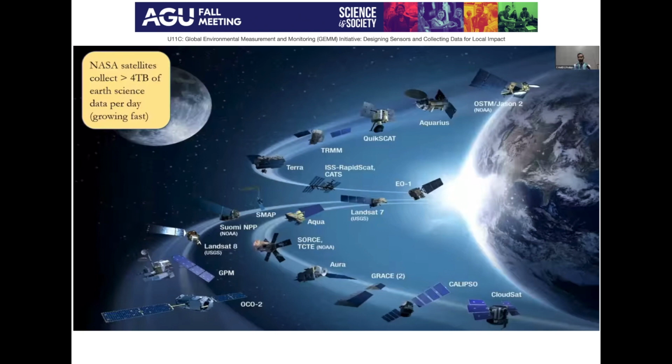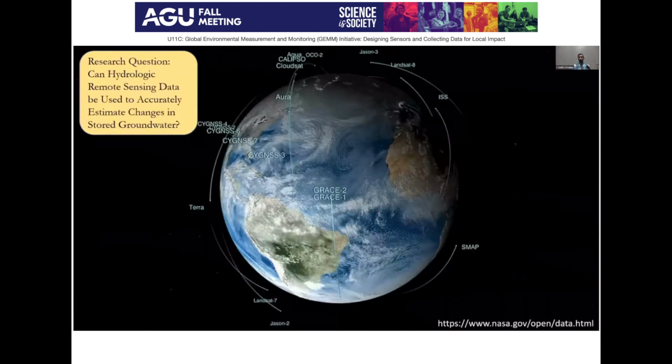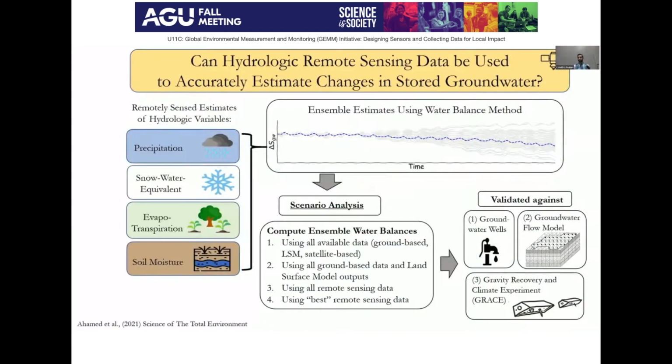And so we really set out to determine if we can use hydrologic remote sensing data to accurately estimate changes in stored groundwater across multiple spatial scales. So, what is the spatial scale where this approach kind of breaks down was another of our research questions going in. And so here's a research overview schematic of our approach.